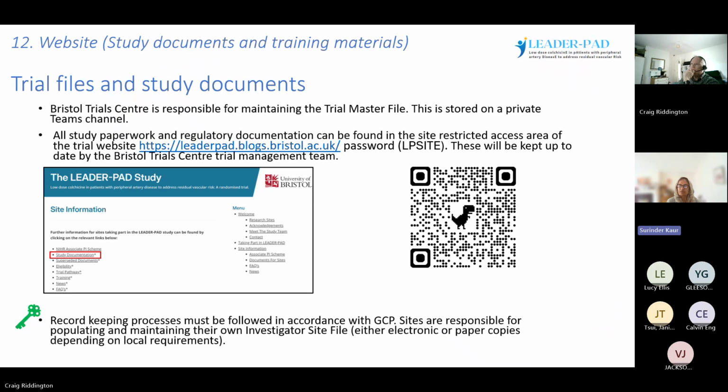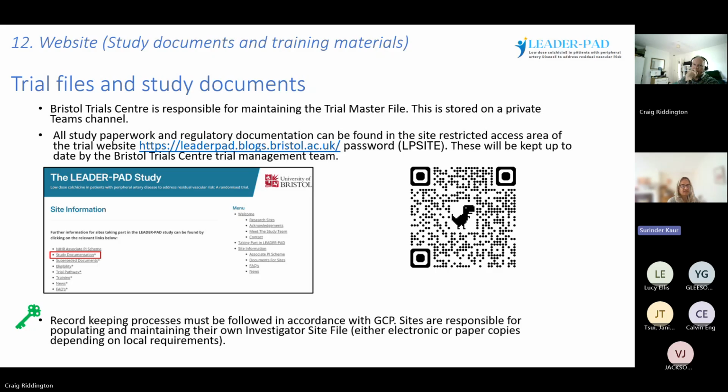You'll need to confirm that you've completed the requested training on your online delegation log entry on a system called Mango. So here's a copy of the website, showing which links you need to go into where the study information is stored.